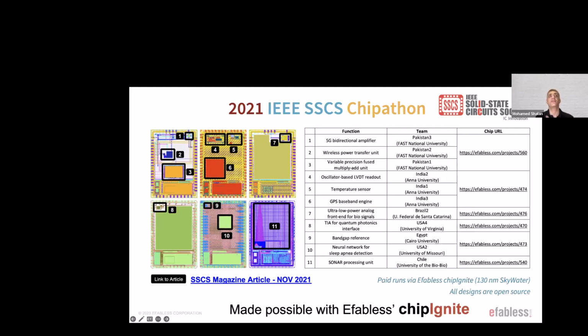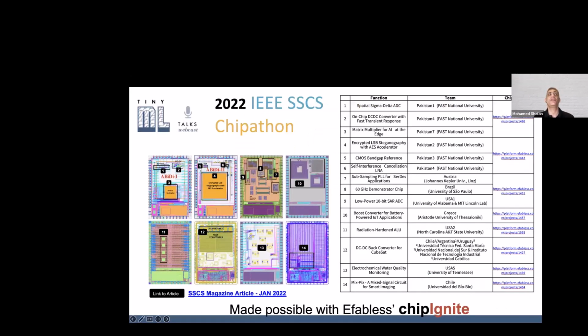And we did this, and lots of designs resulted from it, as you can see here. That was in 2021, and then it was repeated again in 2022. All of these designs are open source and available to anyone to reuse, or to use as a starting point, to customize them and do something else.